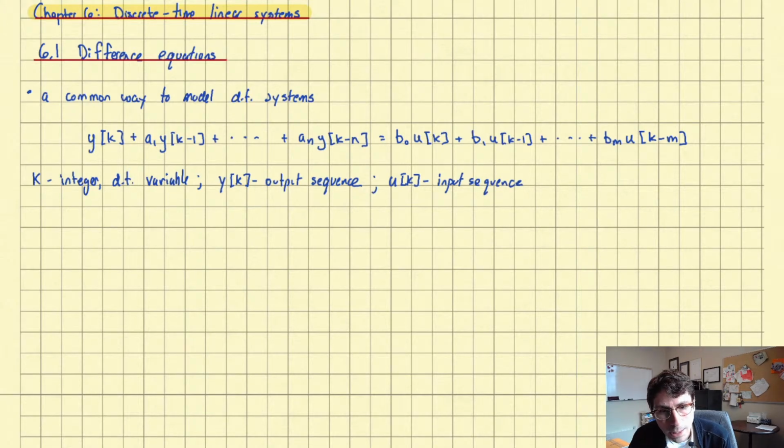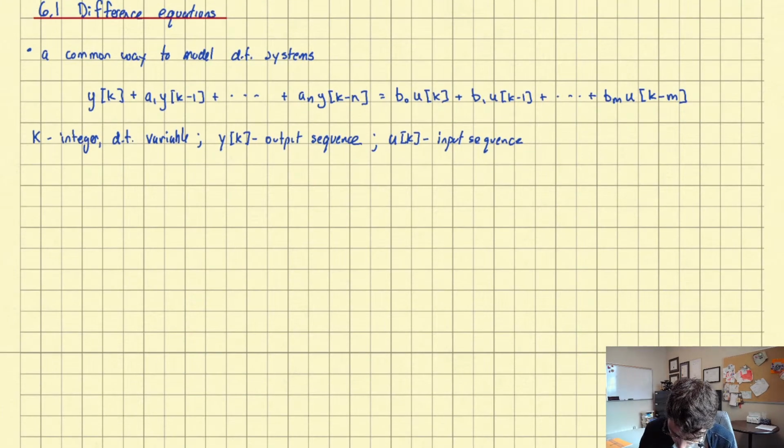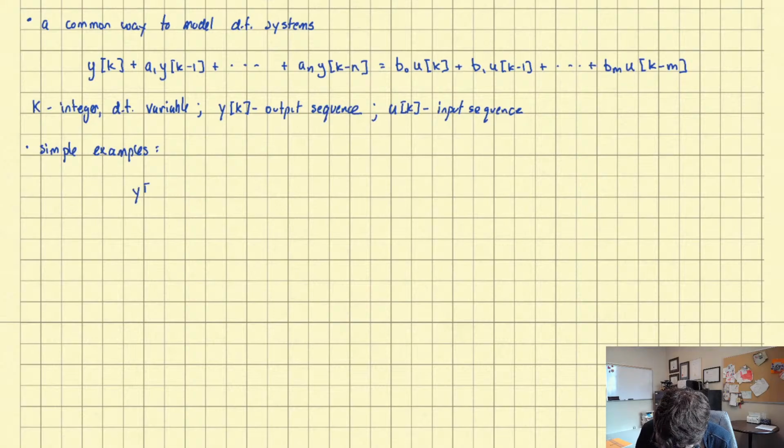Okay. And you've probably seen very simple examples. Certainly we had some examples in chapter 4, but let's mention a couple more. First is the delay system. So, one-step delay. What does the system do?